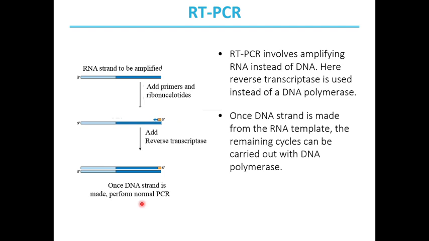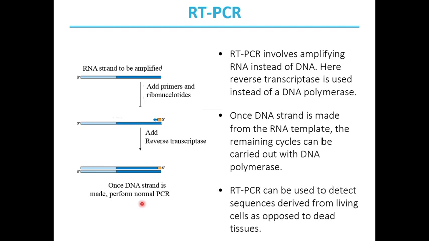So this technique is an advantage in the sense that RNA can be used to obtain information about the gene. RT-PCR can be used to detect sequences derived from living cells as opposed to dead tissues. In living cells, DNA is being constantly transcribed to RNA. So this RNA can be taken and converted back to DNA by using RT-PCR.